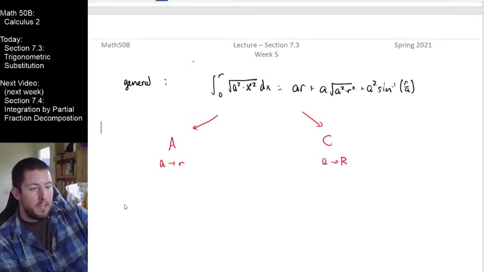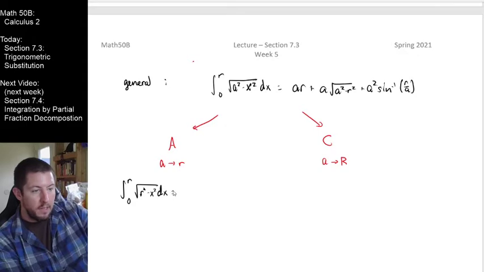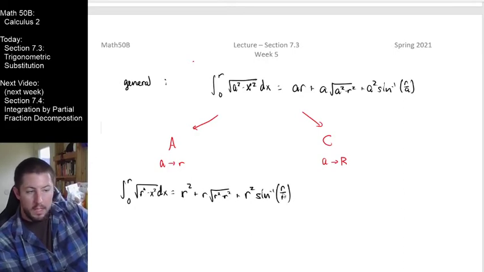So our integral from 0 to r of the square root of r squared minus x squared dx is going to be, and now all of my a's are going to become little r's, r squared plus r times r squared minus r squared, that's going to go to 0, plus r squared sine inverse of r over r, that's 1. So we're getting r squared plus r times 0, plus r squared times sine inverse of 1.